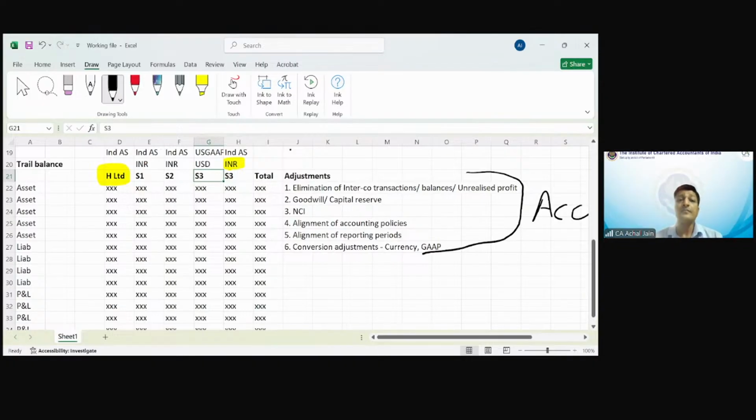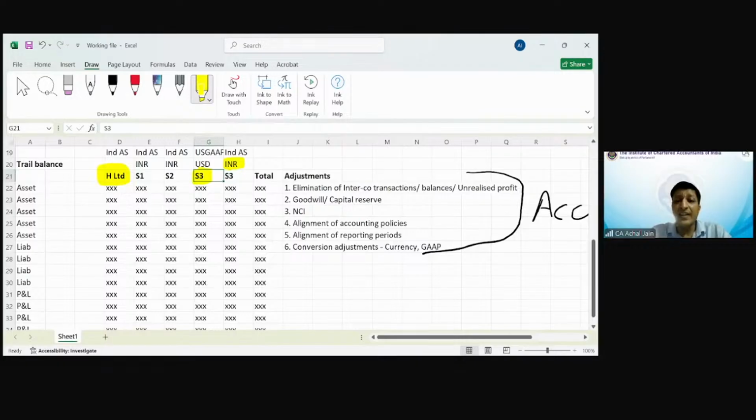But when the financial statements of S3 are provided to the parent, H Limited, for consolidation purposes, generally the management of the parent will require that such a set provided by any subsidiary, whether in India or outside India, should also be audited. Yes or no? Because if all of these financial statements are audited, then no further changes will be required. Some sort of comfort is there. Correct?